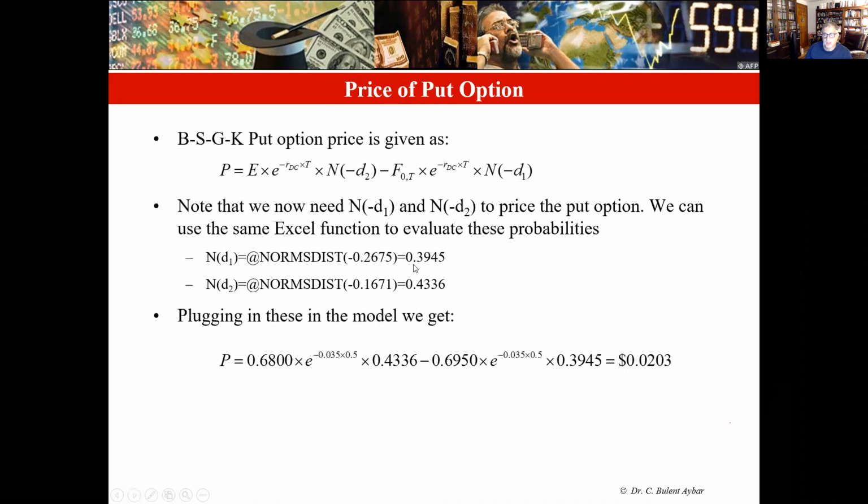Again, in this case, 0.39 for minus 0.2675 and 0.4336 for minus 0.1671. And when we plug these into the model, we get 2.03 cents for the put option. So in this particular case, the put option turns out to be valued lower than the call option, in contrast to the previous example that we had, where it was just the opposite.